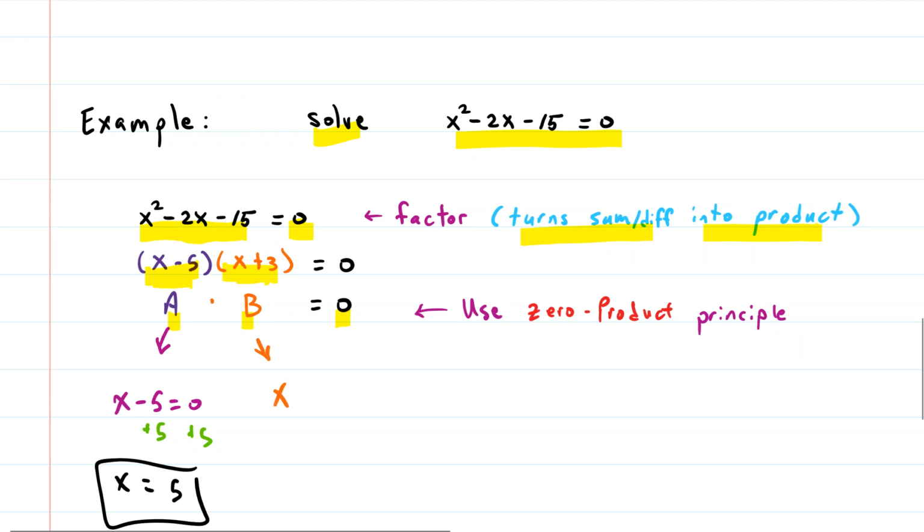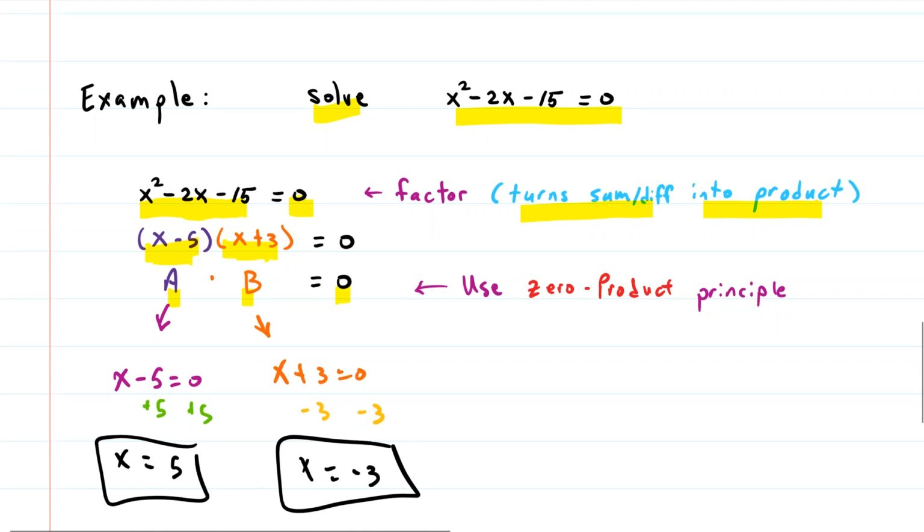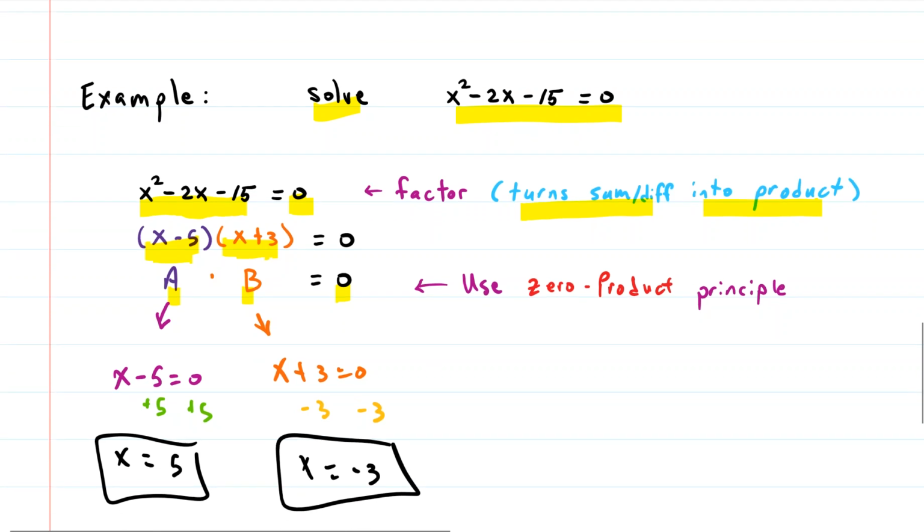The second thing equals 0, so x plus 3 equals 0. If we subtract 3 on both sides, we get x equals negative 3. So either x equals 5 or x equals negative 3. We just solved this quadratic equation using the zero product principle.